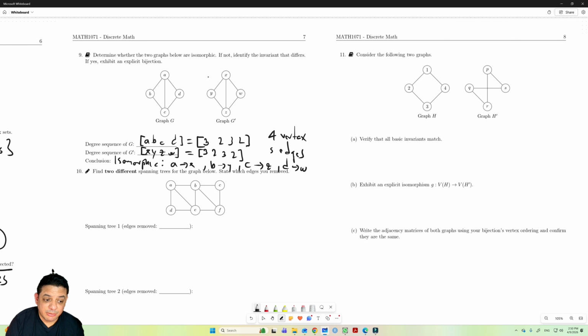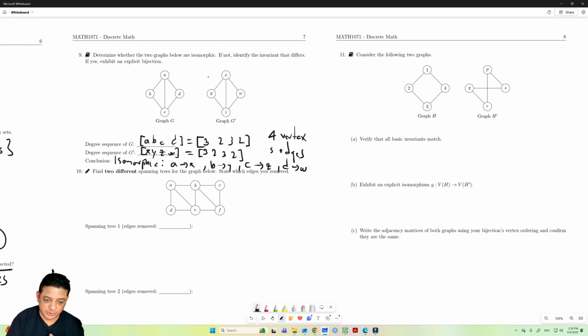In question number 10, we want to find two different spanning trees for the graph below and state what edges you remove. So first of anything, notice that a spanning tree is of course going to be a tree that has all the nodes included.